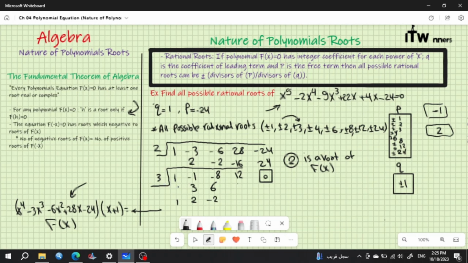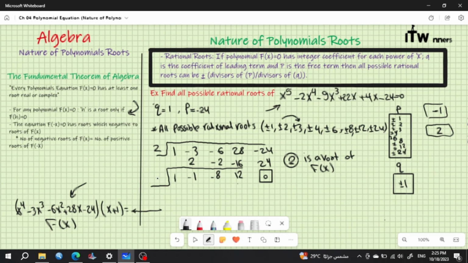Negative 2 into 3 equal to negative 6. So we have here 6. We don't obtain the remainder equal to 0. Then 3 is not a root of f of x. So just clear that and move to the next number.